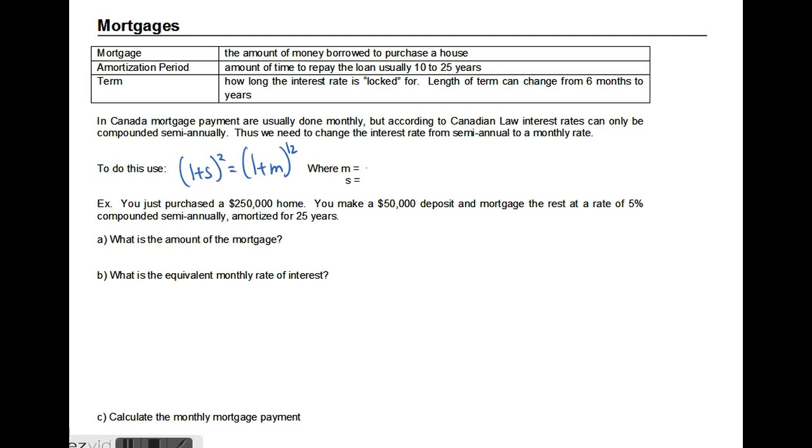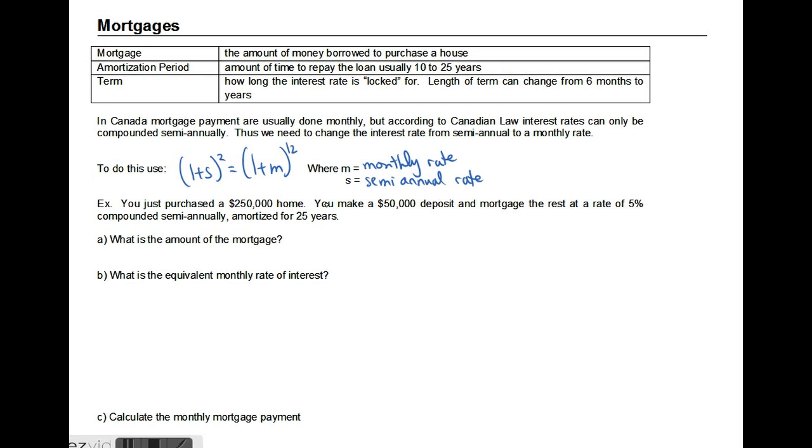In this formula, M will stand for monthly rate, and the S will stand for semi-annual rate.